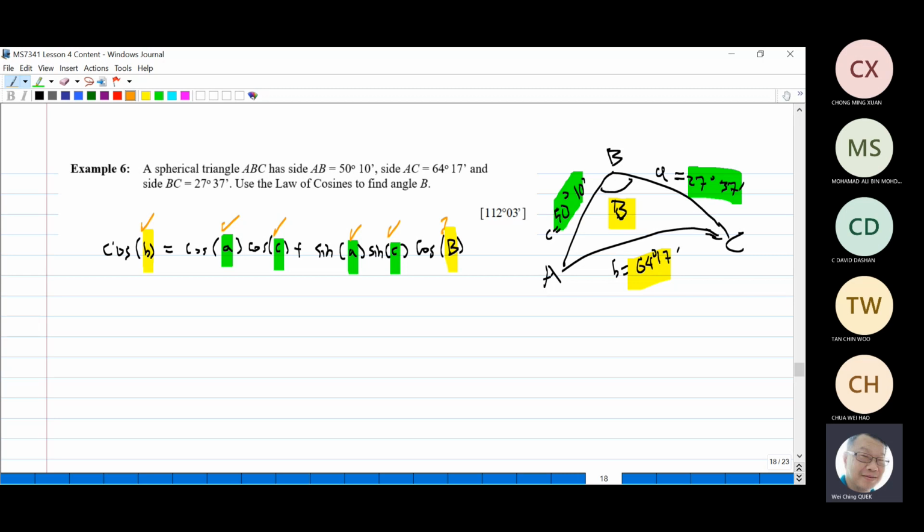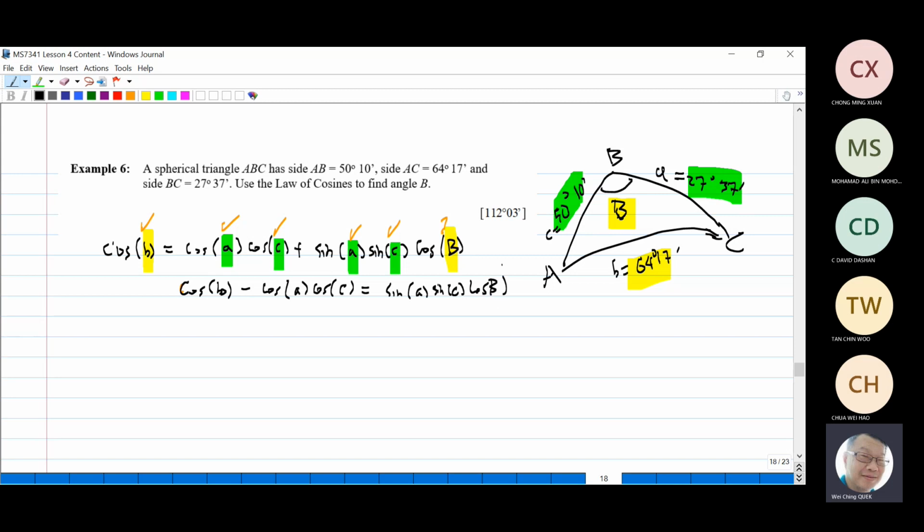So here, rearrange them, so you can get cosine of B here, then minus cosine A cosine C, okay, then equal to sine A sine B cosine of B.